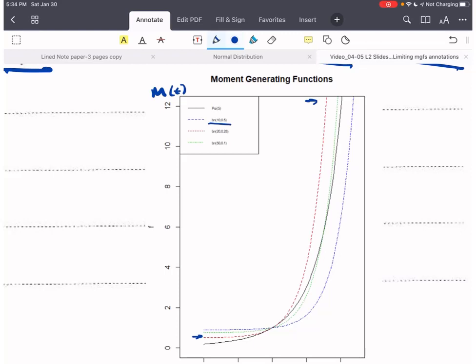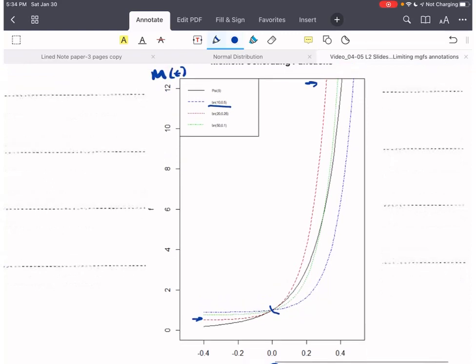And then we get to 50 and 0.1, and it's not as close down here, which is interesting for the negative t's, but it is a lot closer in the range from 0 for the positive values.